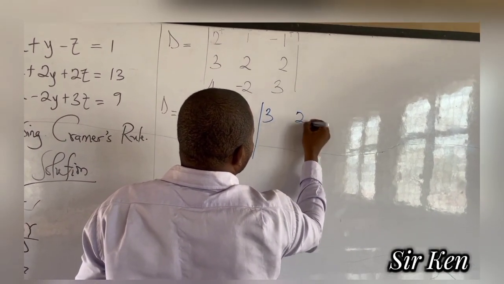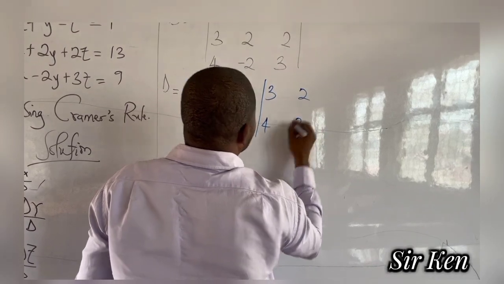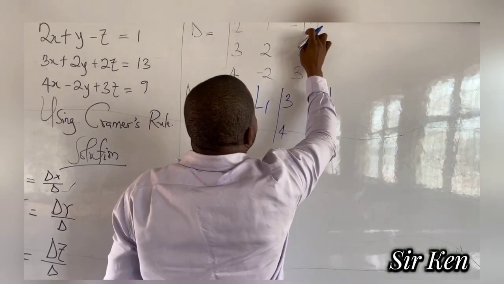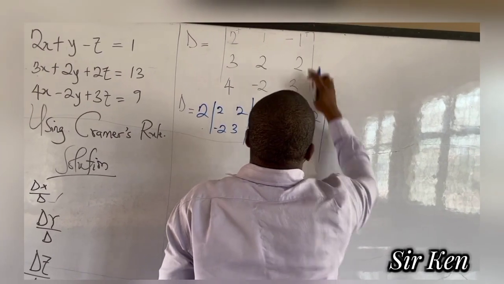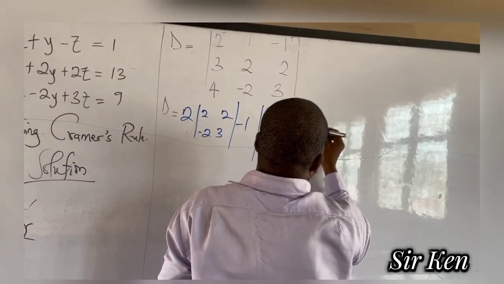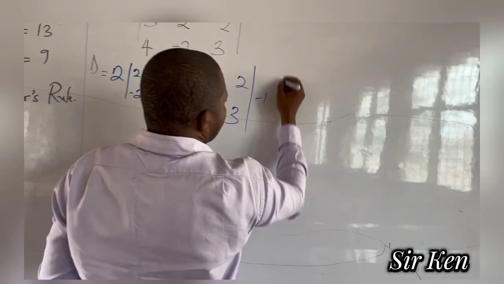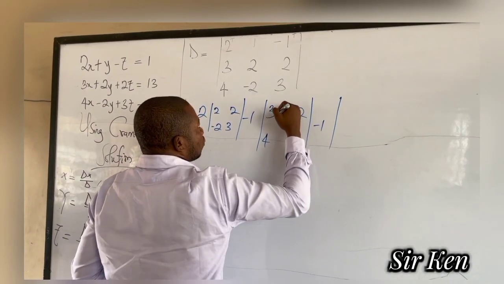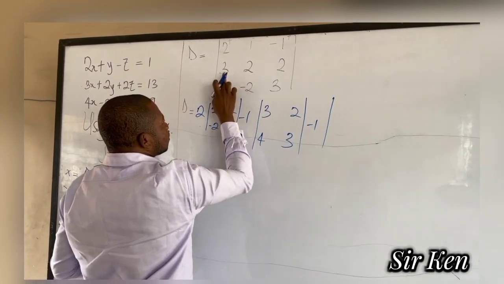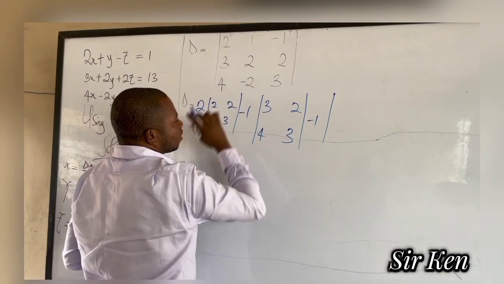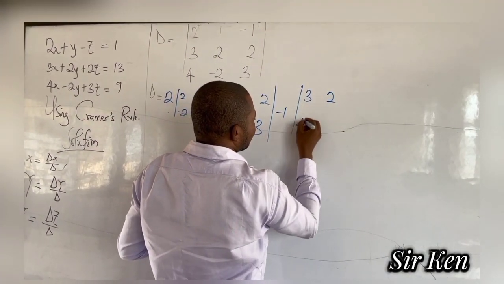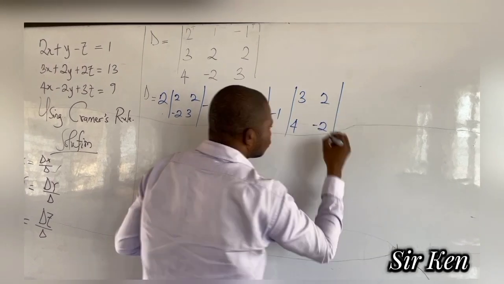Now coming to this last one, which is plus, minus 1 into this, I'm left with 3, 2, 4, negative 2.